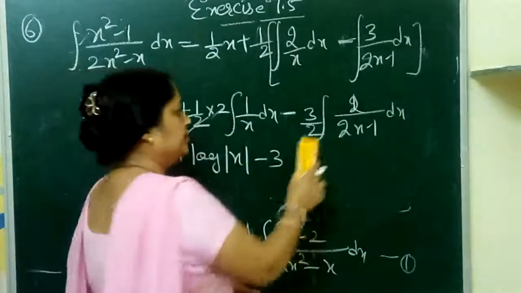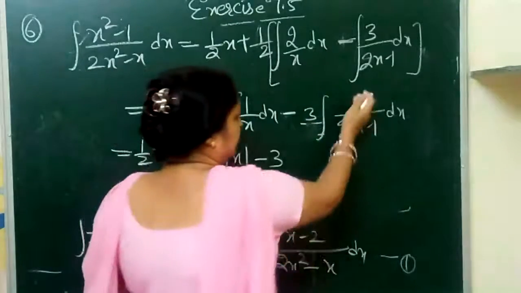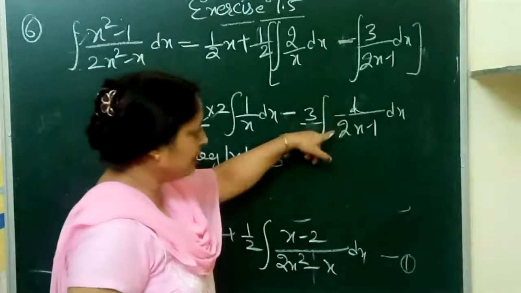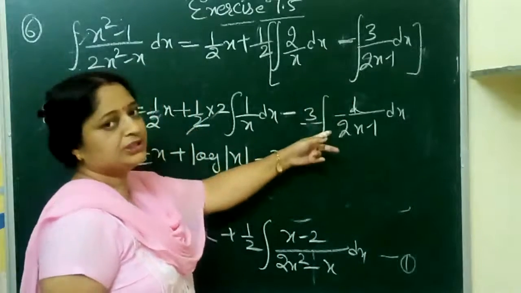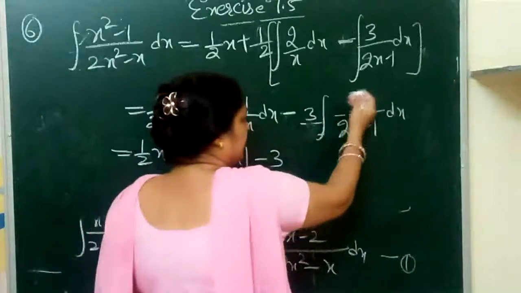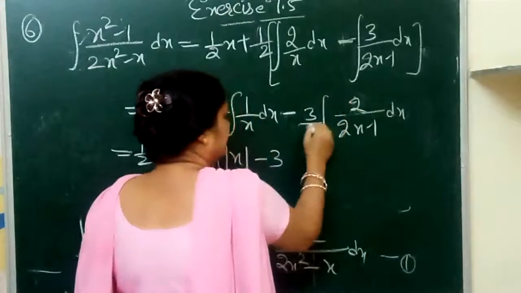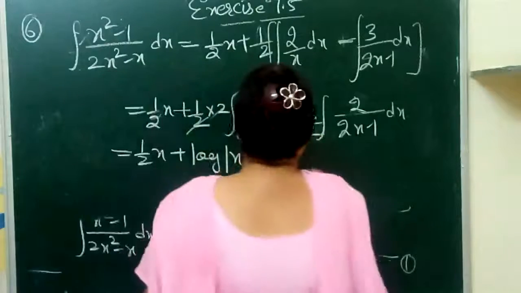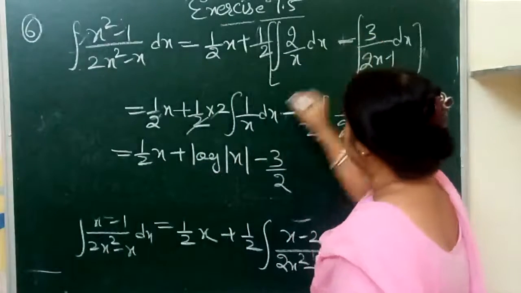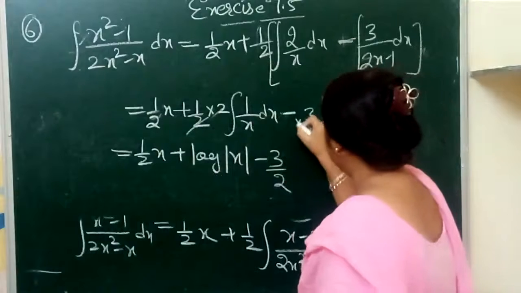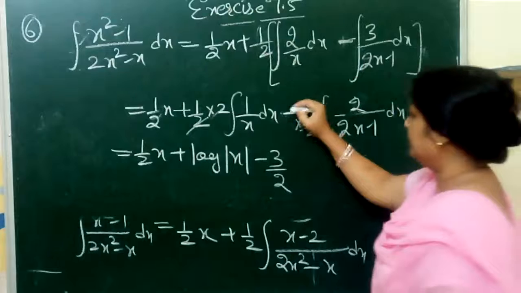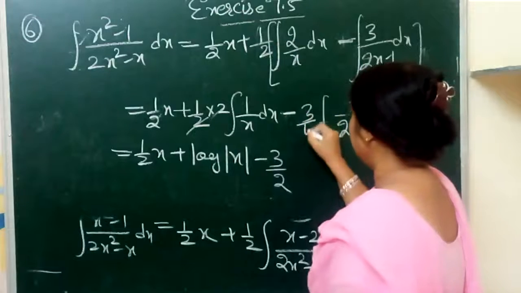Again I am telling you, this term was 1 and we are making the formula f dash x upon f of x. So in one more step you can multiply this term with 2 and divide with 2. So it will come 3 by 2. Then 1 by 2 is also here. 1 by 2 multiplies inside, so it will come here 3 by 4.